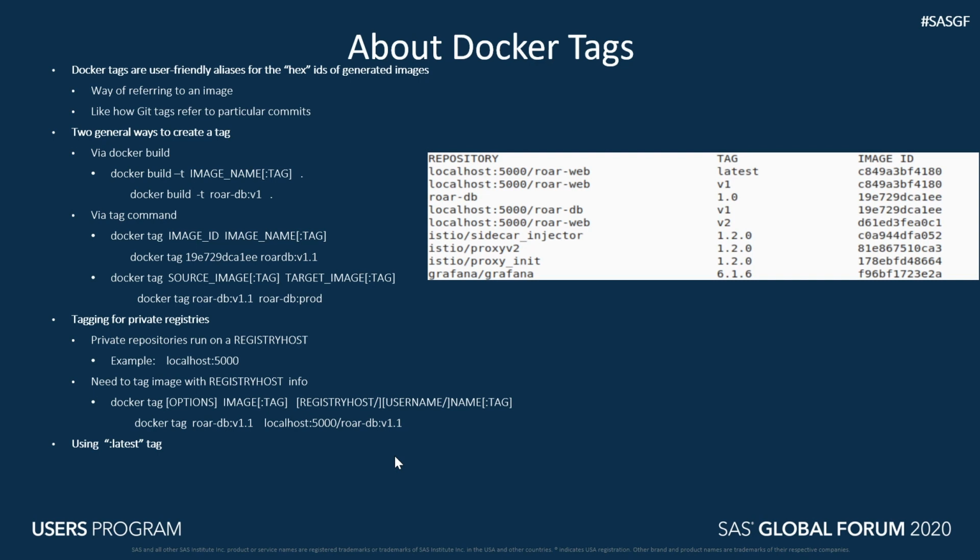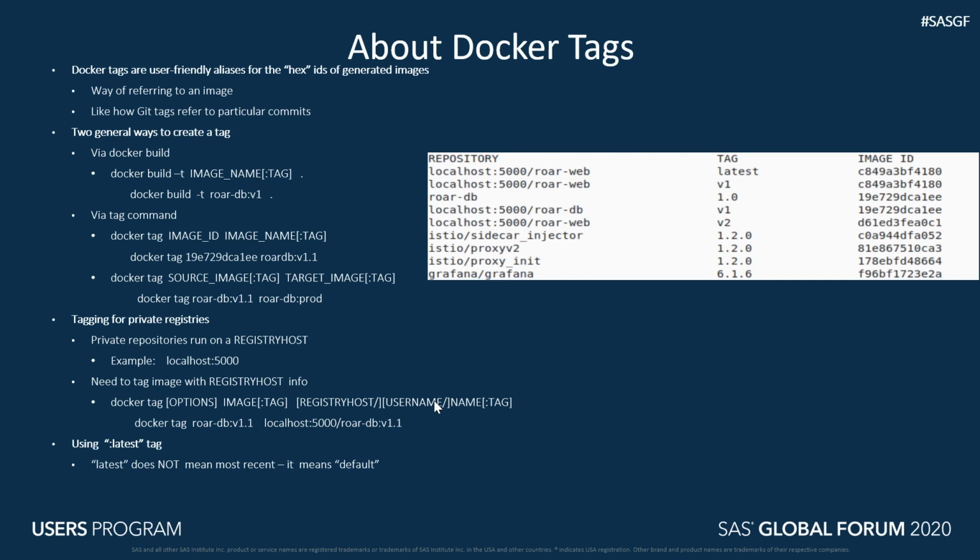Now, one other note here: in Docker, there is the notion of a latest tag, meaning the portion after the name that can be referenced instead of having a specific version number. The best advice with the latest tag is to simply avoid it, because it doesn't mean what most people think it means. It does not mean it is the most recent image every time you reference one that has the latest tag on it.